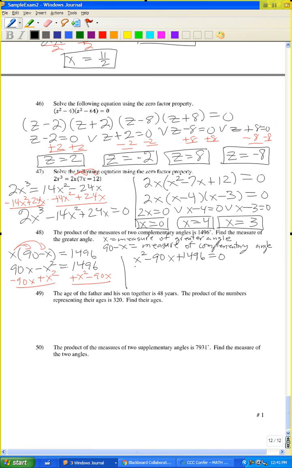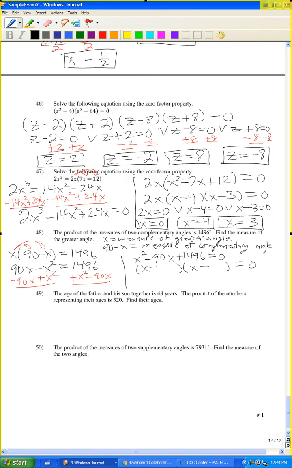And so let's factor this. It's a monic polynomial, monic quadratic. So this will be x. Drop down the minus, times plus is minus. I want two whole numbers whose product is 1496 and whose sum is 90.